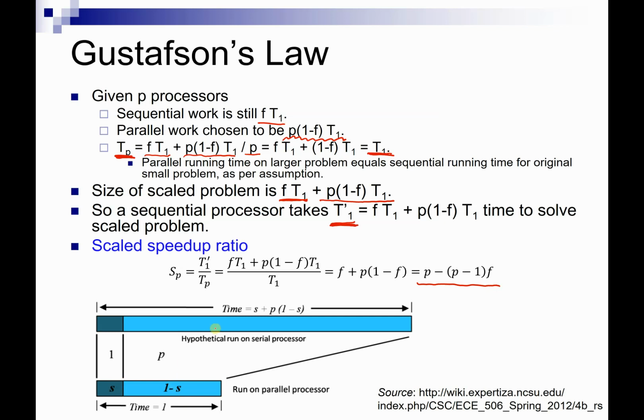Whereas on a sequential processor, the running time is going to be the sequential portion plus P times this part over here, because you only have one processor, whereas here you have P processors. And the scaled speedup ratio is basically comparing the length of this sequential running time, the T prime sub 1, with this T sub P.